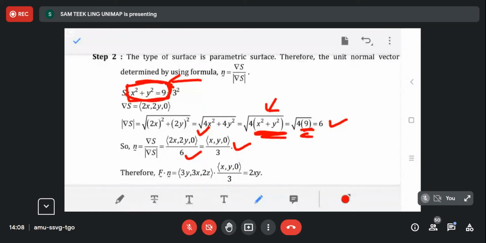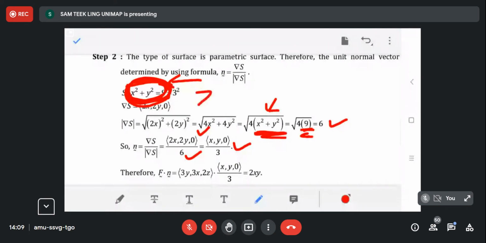We find our n because, yes? Ma'am, the del S, right? Del S equal to 2x, 2y, and 0, right? See how to get that 0, ma'am? Here we don't have z. You differentiate with respect to z.